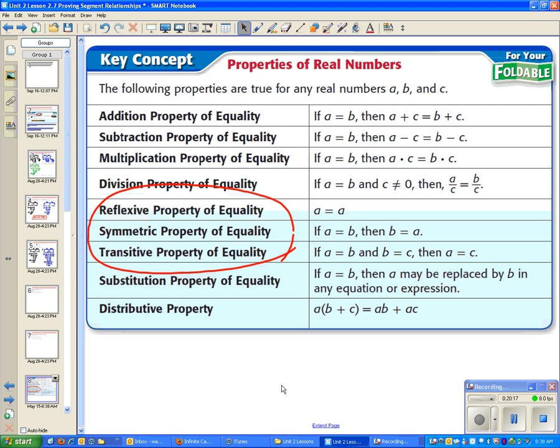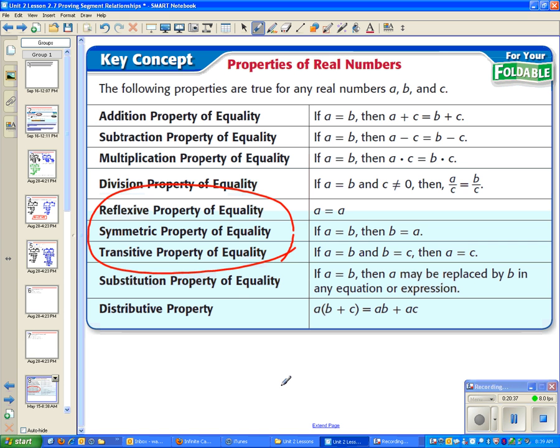The symmetric property, and people get symmetric and reflexive confused because both of them are so intuitive. You understand them even if nobody ever points them out to you, okay? And it's this: if A equals B, then B equals A. How about like this?